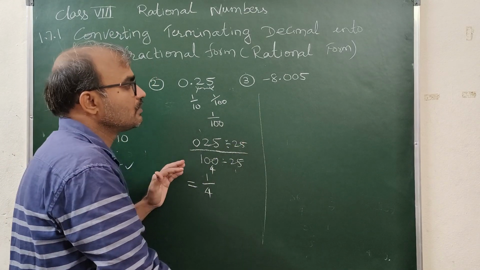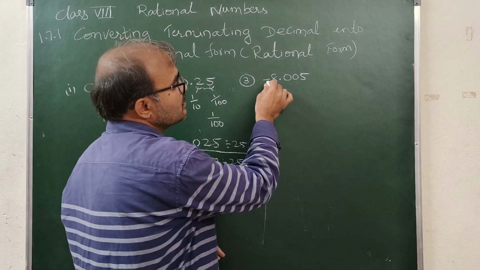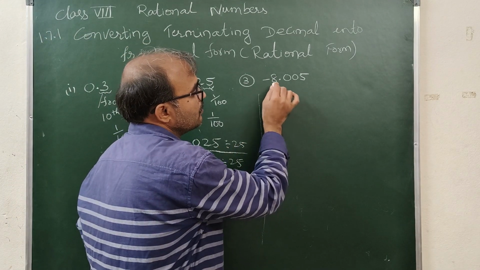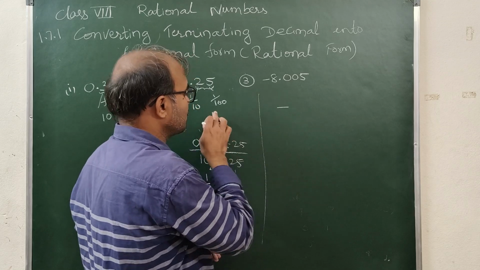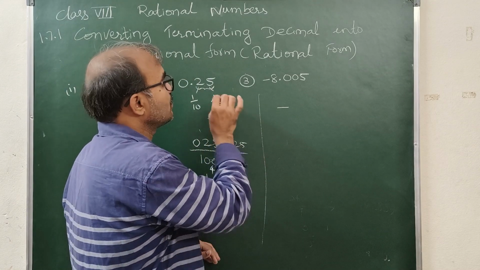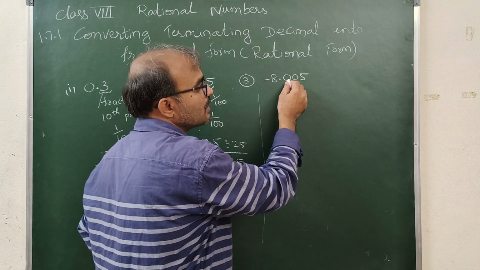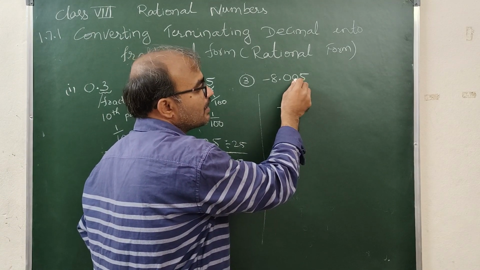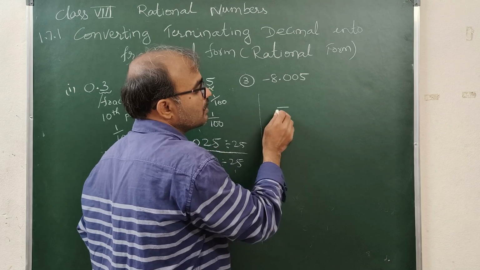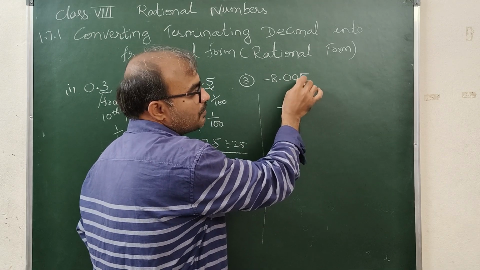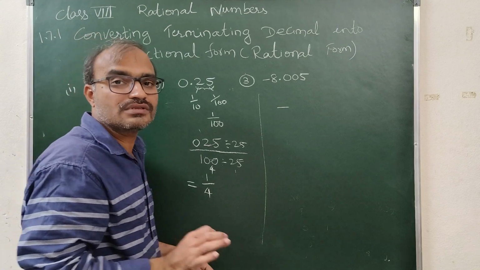And the last one. Now, if there is a minus, you have to maintain the minus also. Same as before, here there are 3 digits after the decimal point. It means tenth part, hundredth part, thousandth part. So 5 parts are taken out of 1000 parts.